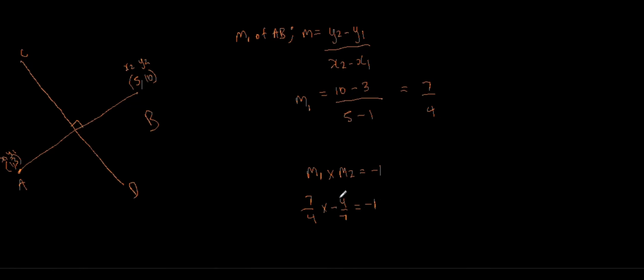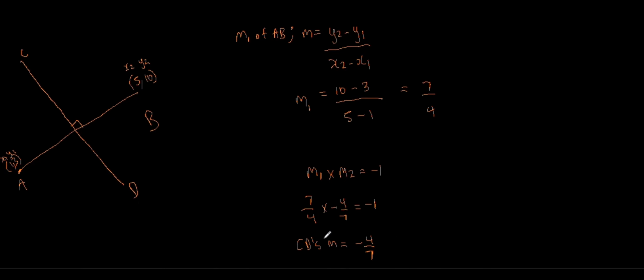Now, a quicker way to obtain the gradient of a line that is perpendicular is to take the reciprocal and put a negative sign, but I just went a little deeper into the explanation here. So the gradient of the line CD, m, would be equal to minus 4 on 7.